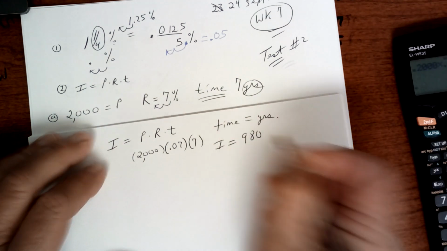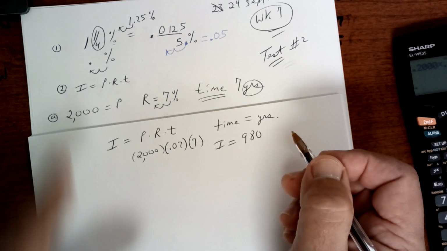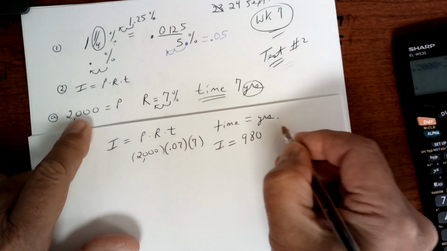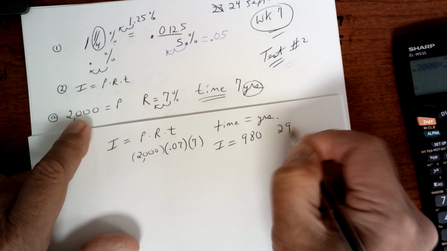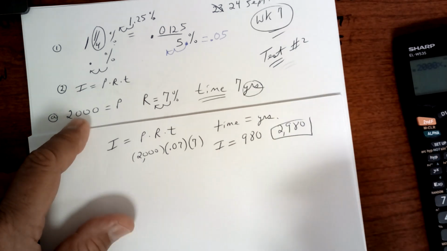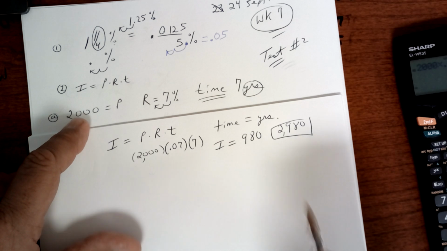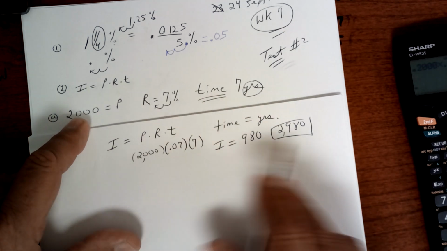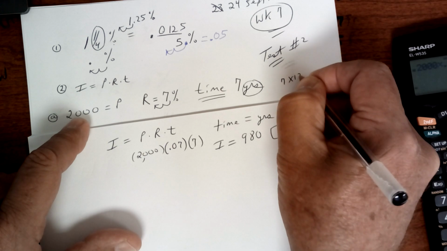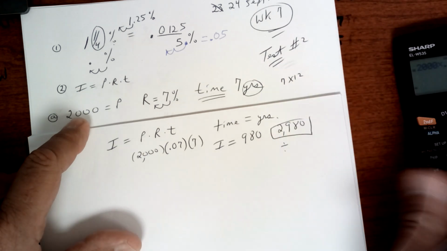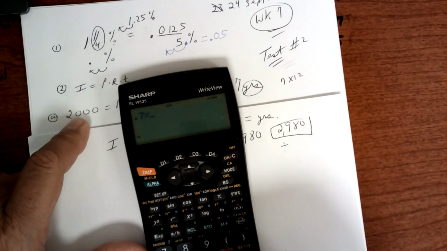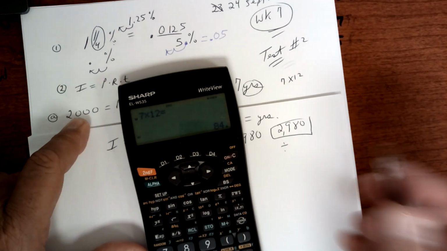Okay? So if you buy a car for 2,000 and you borrow it under these conditions, you will pay $2,980 for the car if you had to borrow $2,000. And it's 7 years, so if you want to figure out your monthly payment, you would take 7 times 12 and you would divide by that. So it would be 7 times 12, so that's 84 payments.